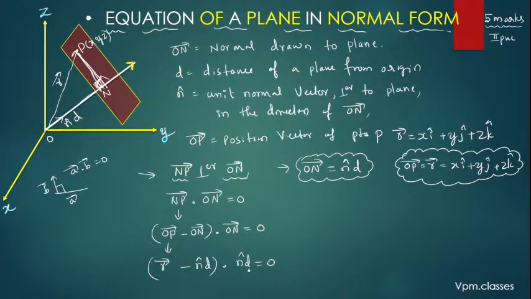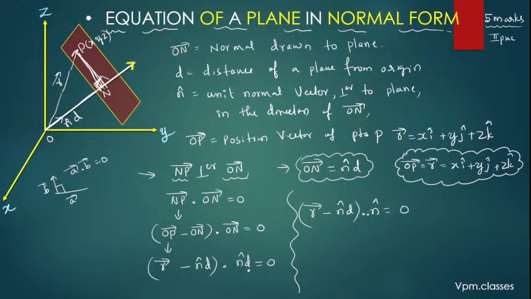We know that D is the distance of the plane from the origin. So this D goes to the RHS, where it becomes divided by D, and 0 by D is 0. So finally I get r vector minus n cap D, dot n cap, equal to 0.